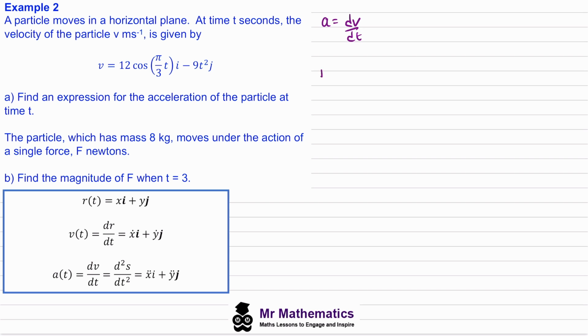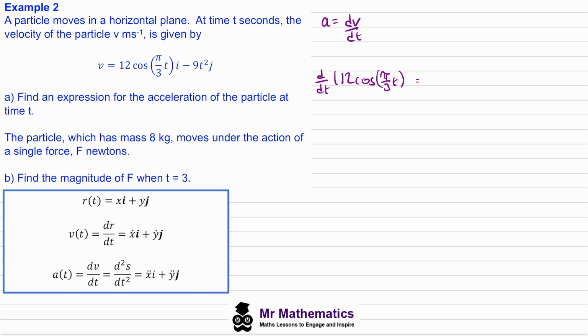So if we begin with d by dt of the i component, 12 cos(pi over 3 times t), well, we can differentiate this using the chain rule. So the derivative of the cos, the bigger function, will be minus sine.